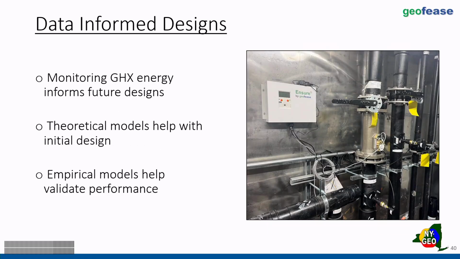Next, you can actually monitor the energy flow into and out of a ground heat exchanger and replace that with your 8760 energy model. And then you're changing from a theoretical building energy model to the actual ground heat exchanger loads that it's seeing. And so these theoretical models help with the initial design, but the empirical models, the actual data, help with validating real-world performance.